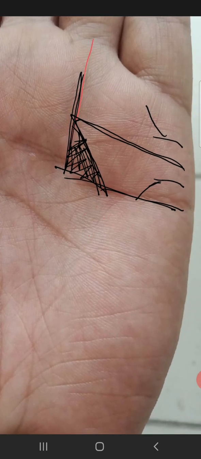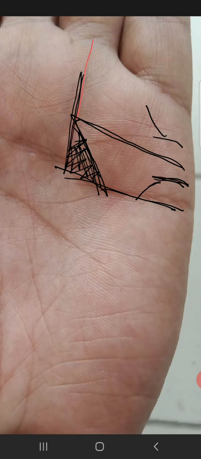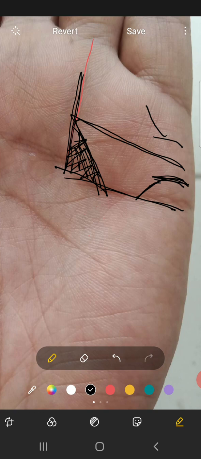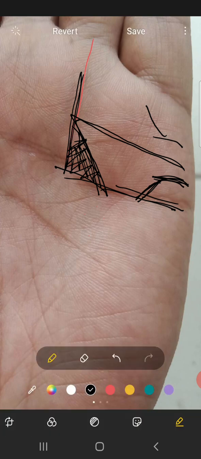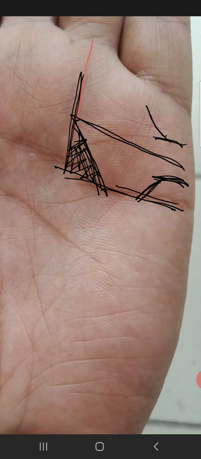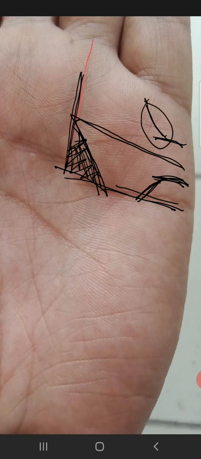Okay, that is one thing. Second, this can be confirmed if this line has a slight curvature, it curves towards the heart line, or there's a branch that comes and touches the heart line. You can have this part also, like to the right. This is not very harmful, but this is certainly harmful for the relationship.